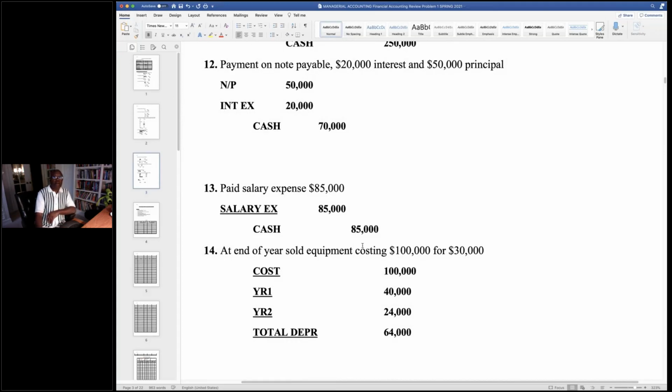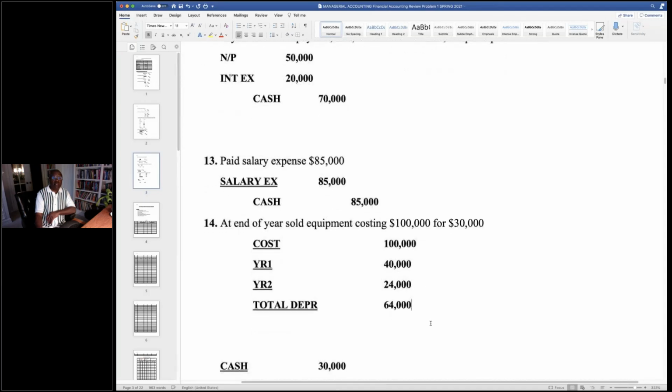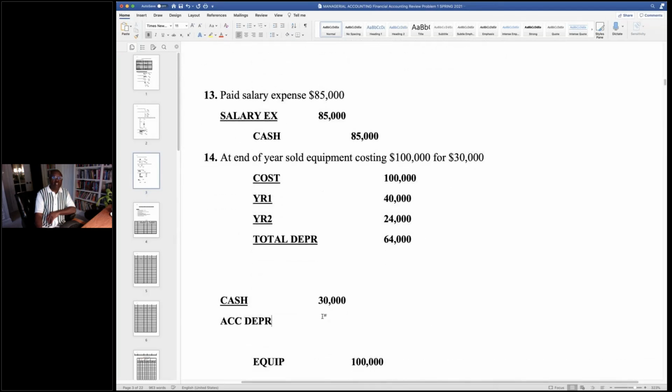The 40% from the previous journal entry, we did the depreciation. 40%. The first year on this 100,000, we would have taken 40% of 140,000. That left 60,000. So we take 40% of the 60, we get 24. So the accumulated depreciation would have been 64,000.